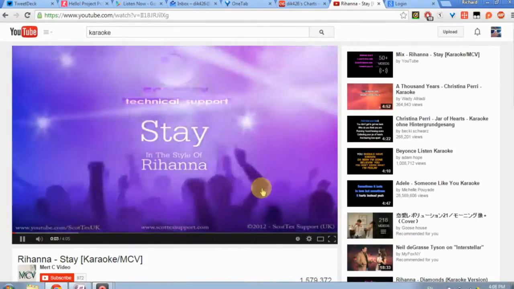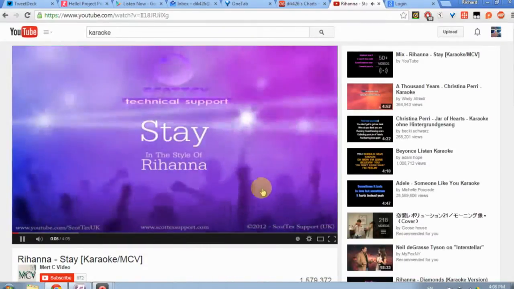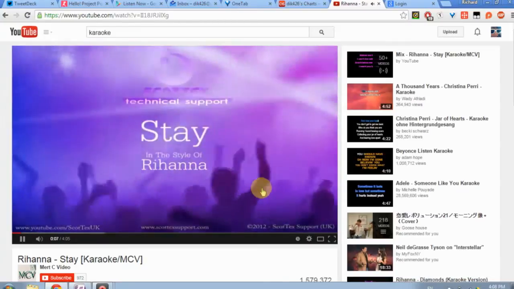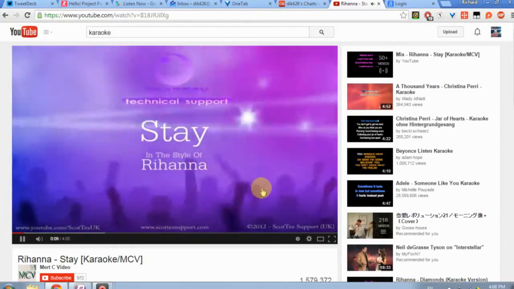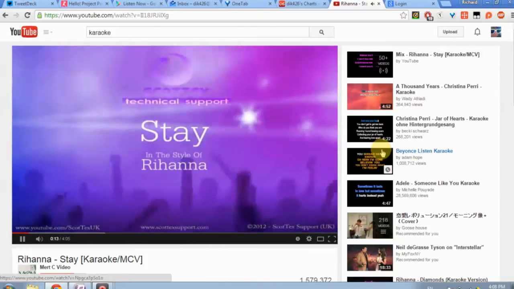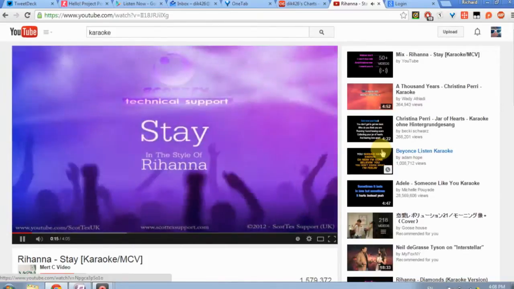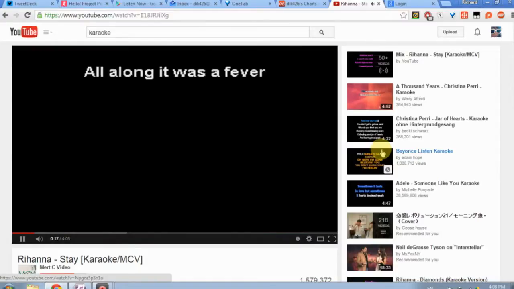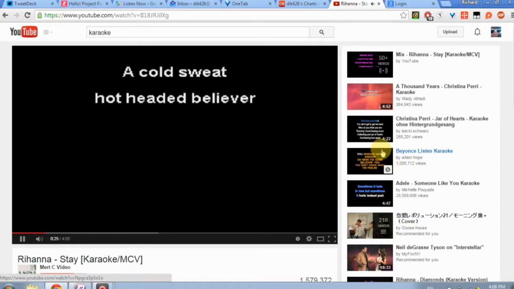In the style of Rihanna. Look, that guy's actually jumping. It looks like he's hitting himself in the head. They all do. The same chord song. Sing it. I don't know the song. So like kids pop.